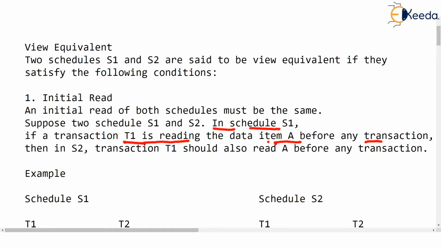So T1 reads the data item A before anything like T2 or T3. Then in S2 schedule also, transaction T1 must read A before any transaction.